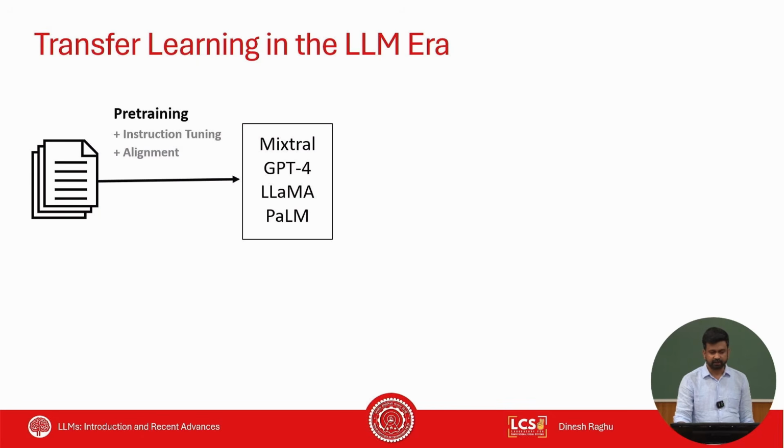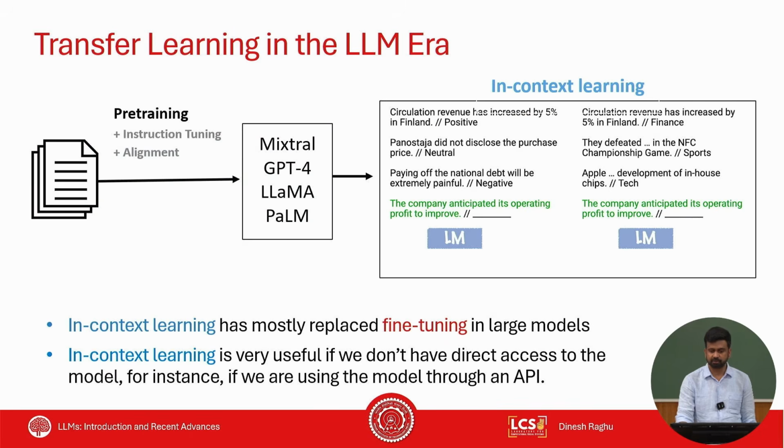Now, once we have a model this way, the first way in which people started leveraging such a large language model was to simply do in-context learning, right? By in-context learning, what we mean is that whatever knowledge you want to feed the model about the task you want to solve is fed into the input prompt, right?